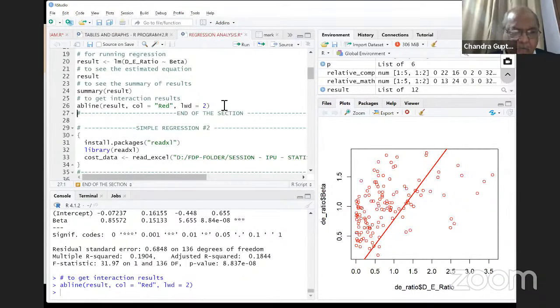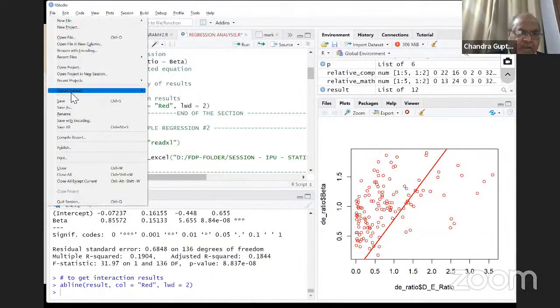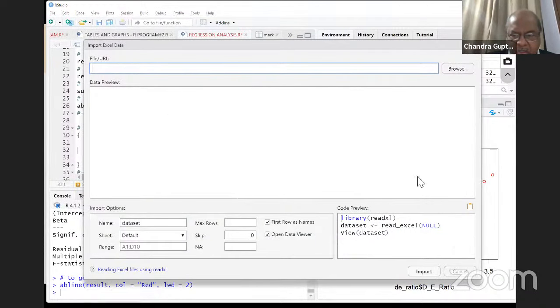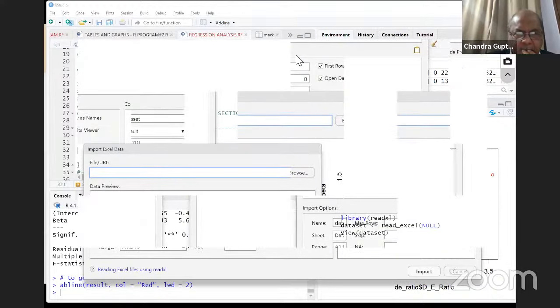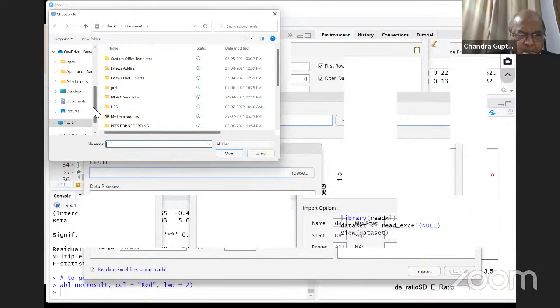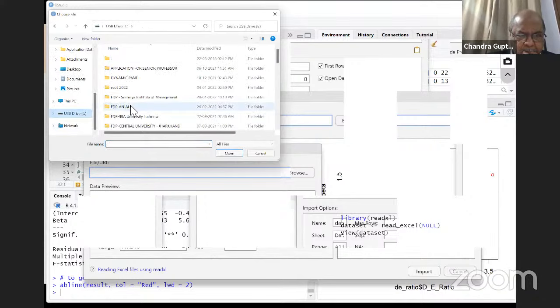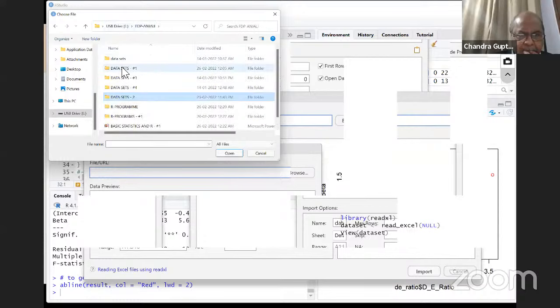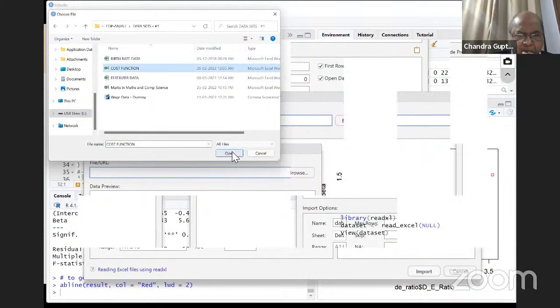And suppose I take another file, I'm importing an Excel file, for the cost function.